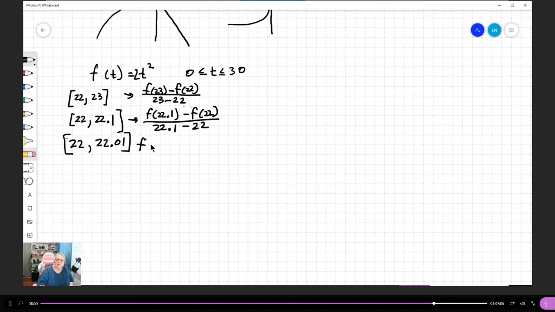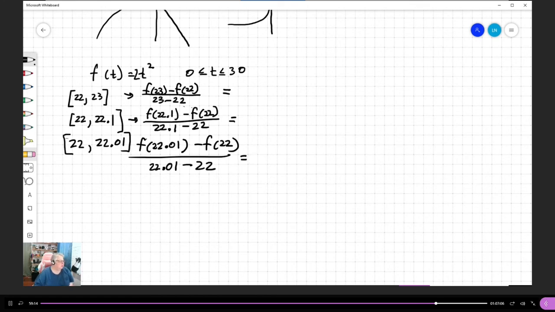And then f of 22.01 minus f of 22 over 22.01 minus 22.